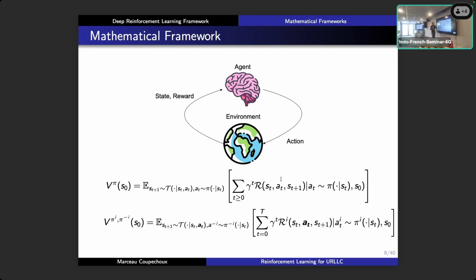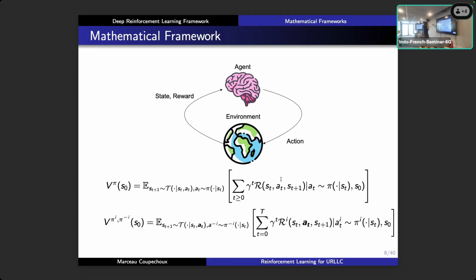Over time, you try to maximize the sum of rewards. At every step, when you are in state S, take action A and transit to state S_{t+1}, you get this reward R. Usually, to avoid theoretical complexities, we use a discount factor gamma, which is less than 1, and which puts more importance on the immediate reward compared to the delayed reward.